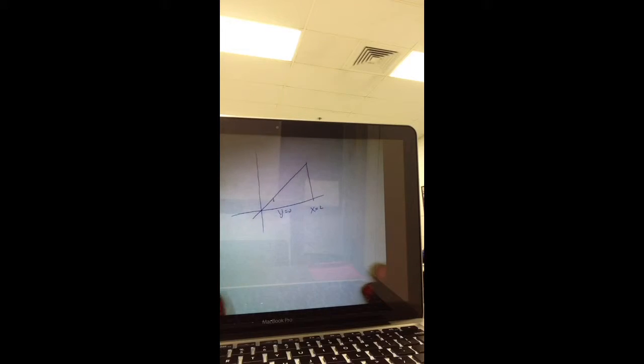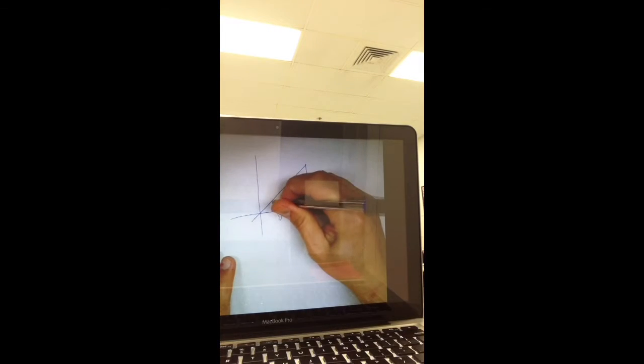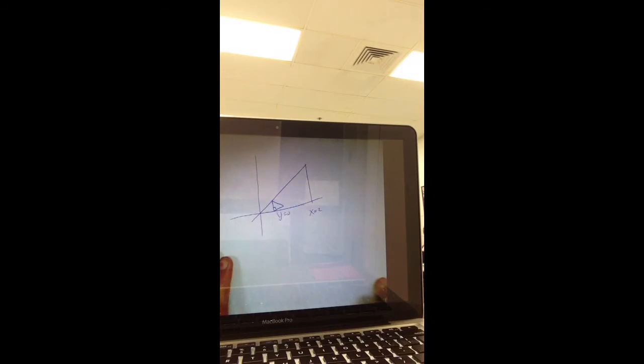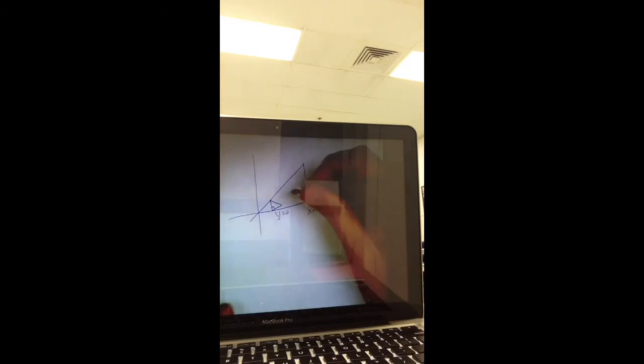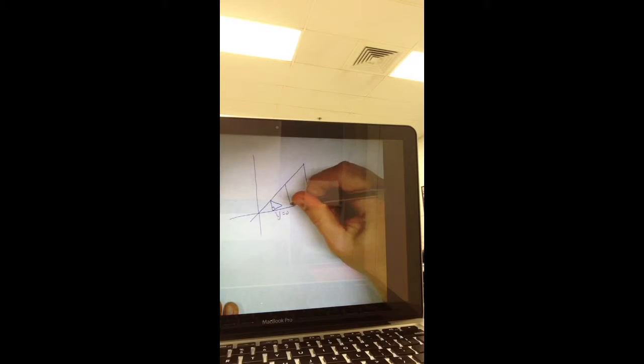All right. Now, essentially I've got a little small right triangle right here. And this triangle is actually coming out at you. It's three-dimensional. And then here's a bigger isosceles right triangle, and it's still coming out at you.